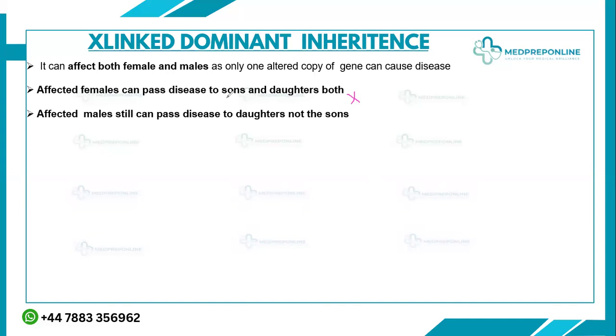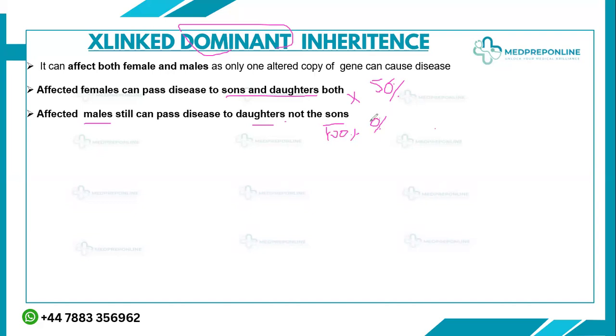Because it's dominant, the risk will be 50% for each, so 50% risk for the males and 50% risk for the females. Affected males can still pass the disease to daughters, not sons. Passing the disease from male to son will obviously be 0%, and 100% of the daughters will be affected, just like we talk about in X-linked disorders.